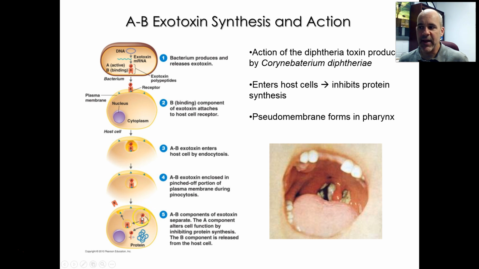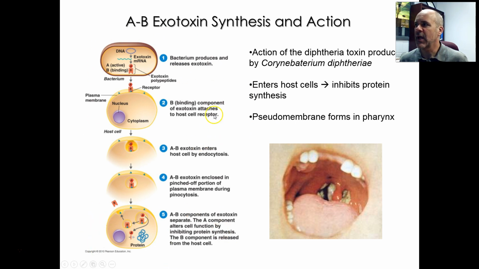The A part of the exotoxin comes off, and this is the action part. Generally what these do is they inhibit protein synthesis, so they shut down protein synthesis in the host cell. If a host cell can't make its proteins, guess what? It's going to die pretty quickly. And that's how these toxins tend to kill our host cells.